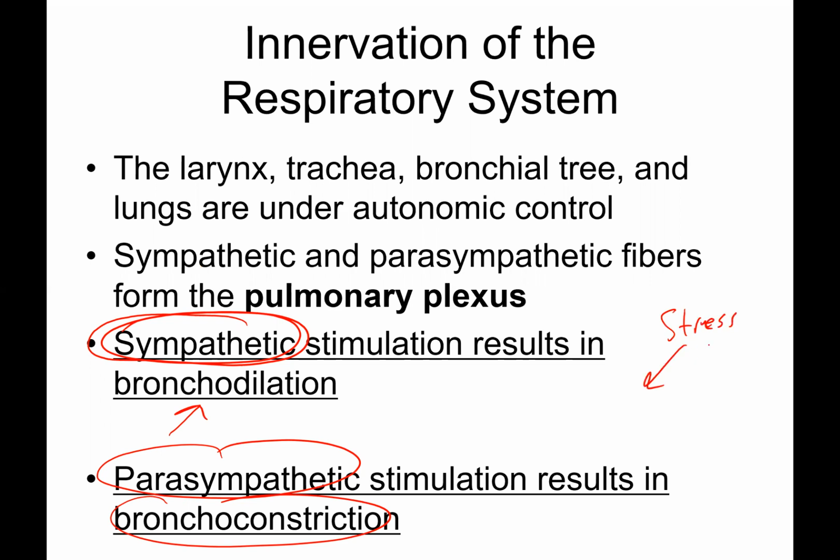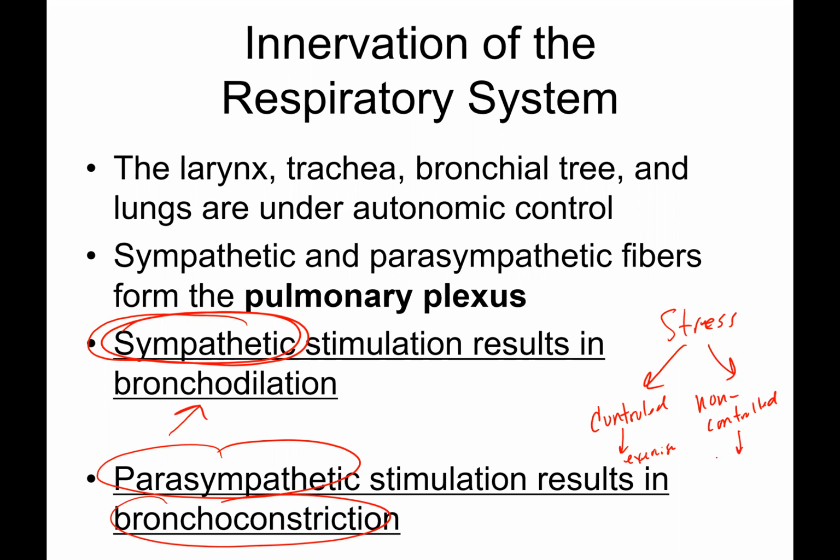Two forms of stress: controlled and, just to keep it simple, non-controlled. Controlled stress would be like exercise. So you're doing it on purpose, and this is a healthy form of stress.